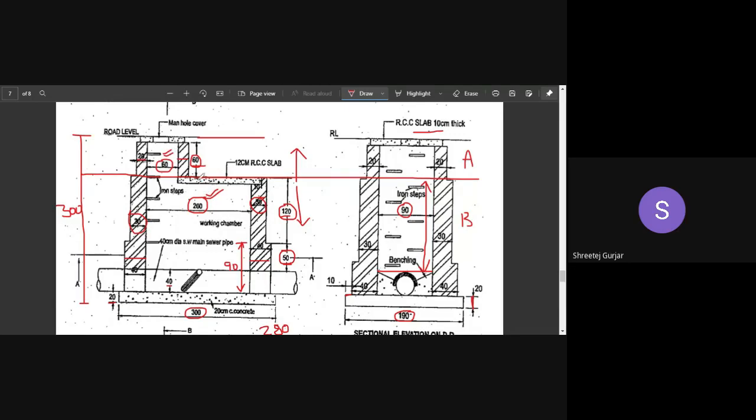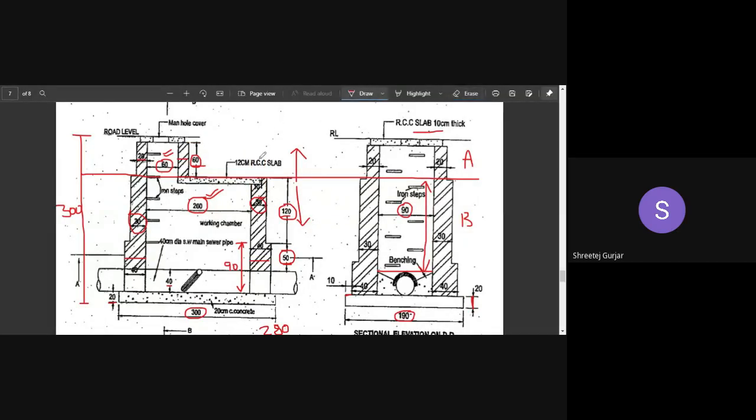So we have divided it into two parts. If the long wall was 200 here and 200 here, we would have calculated it the same way, in a single manner. Because it is varying, we have separated it into two parts.